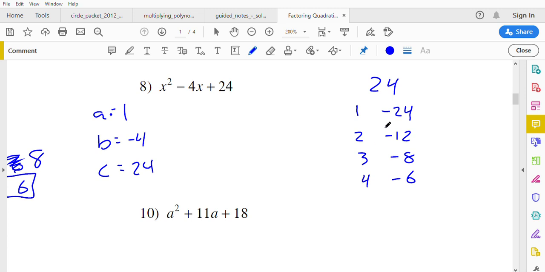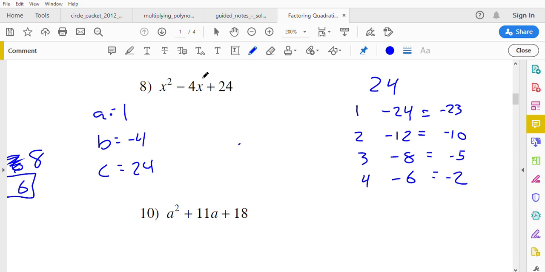Do we have any of these? No, we don't. This equals negative 23. This equals negative 10. This equals negative 5. And this equals negative 2. So again, what are my factors of 24 that add up to negative 4? There aren't any.